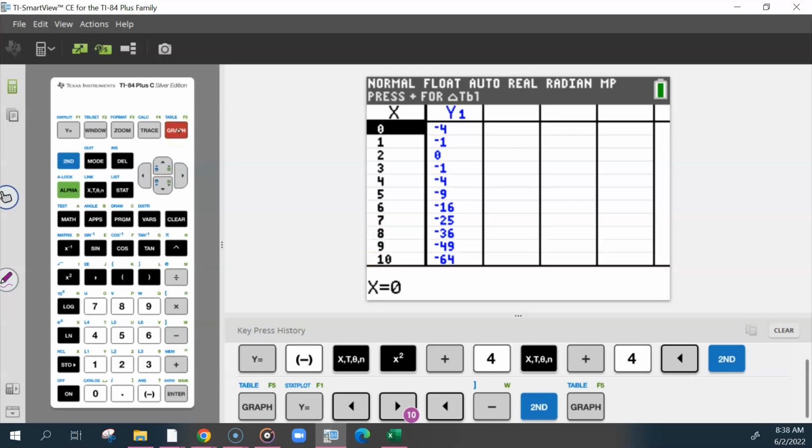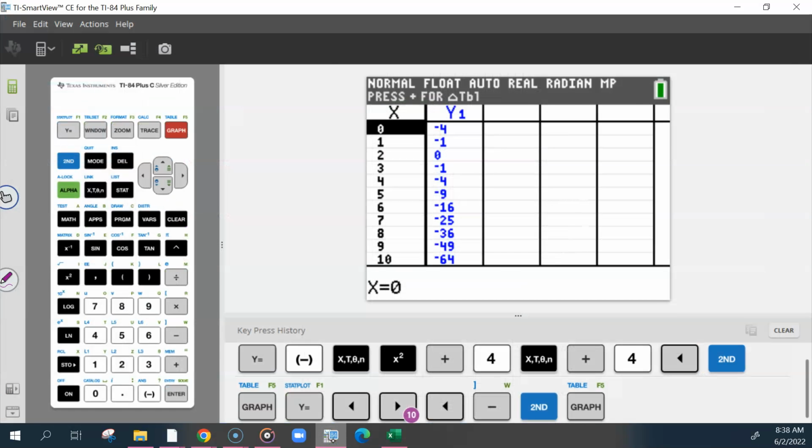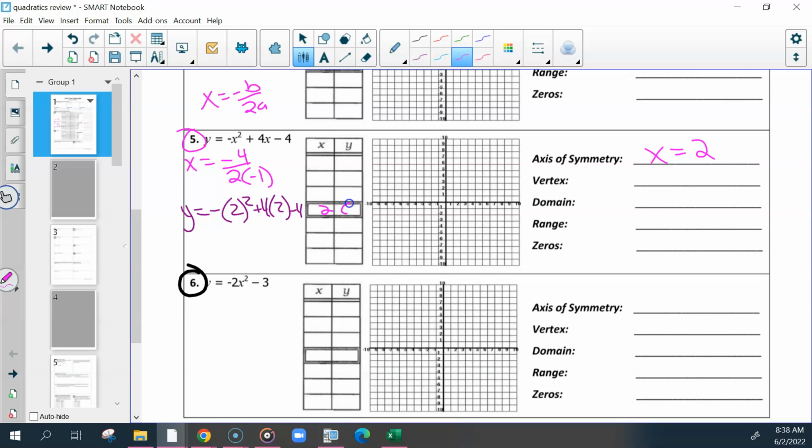And then your y value when x is 2 is 0. That would be your vertex.